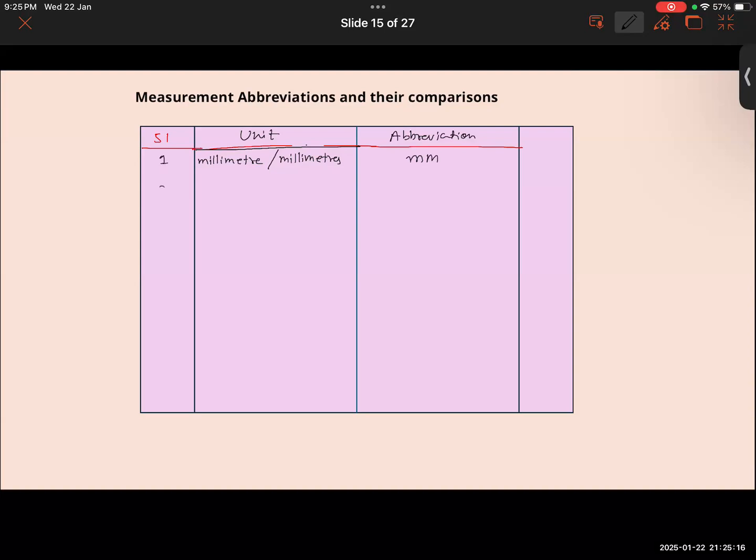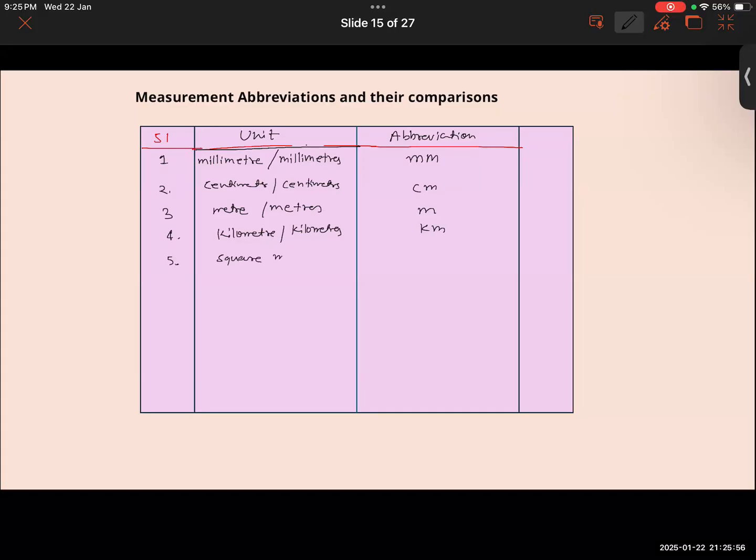For centimeter or centimeters, it is simply cm. Then for the meter or meters, we have the small m. For kilometer, km.